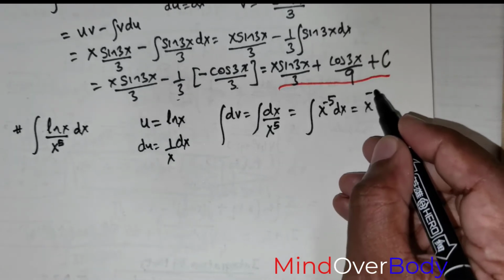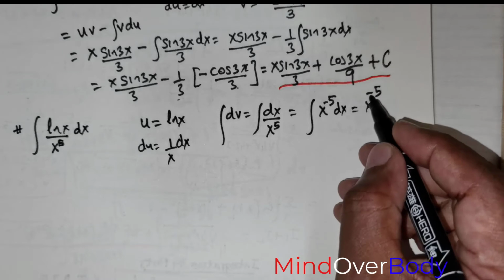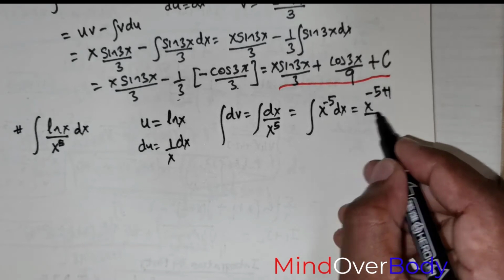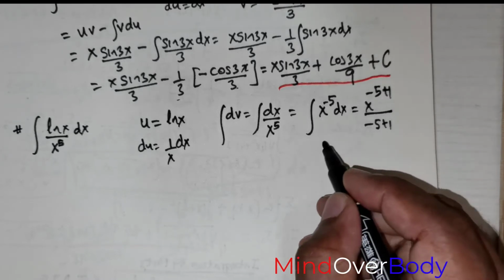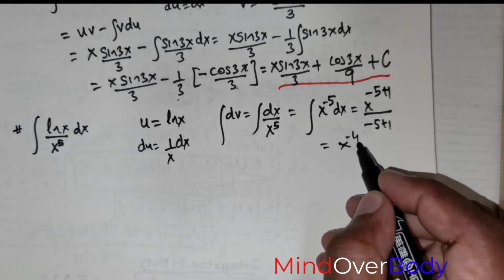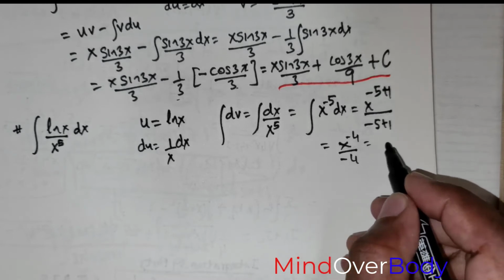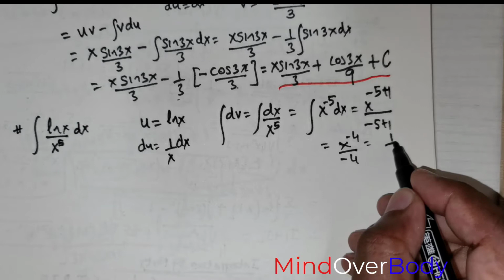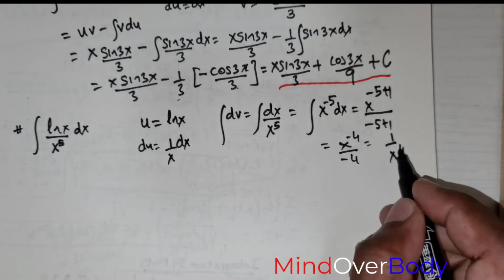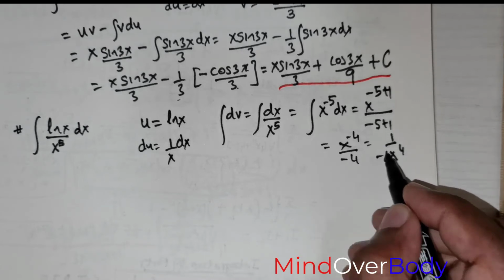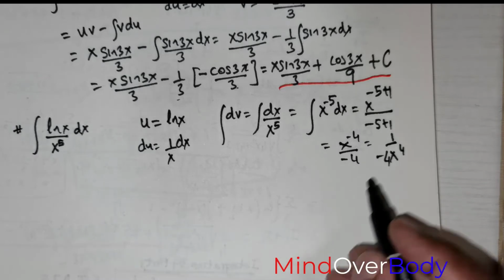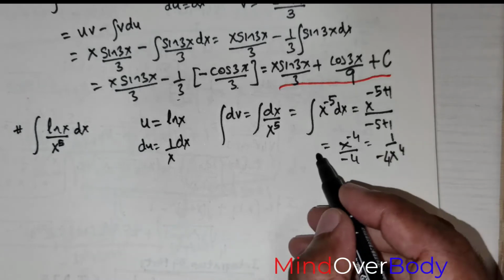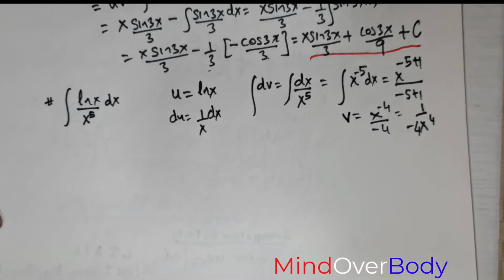Upon integration, this produces x raised to the power of negative 5 plus 1 over negative 5 plus 1, which is equal to x raised to the power of negative 4 over negative 4, which is negative 1 over 4x raised to the power of 4. So this is my v.